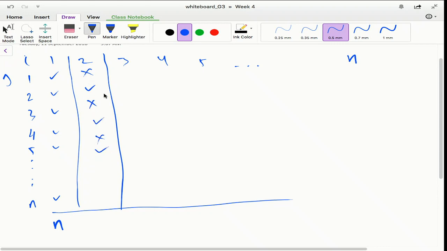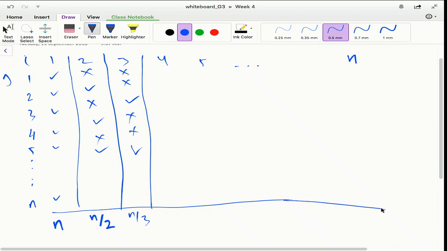Now every 2 we're going to do it once, which means that this is going to be n over 2. Now for i equals 3, 1 is not divisible, 2 is not, but 3 is. 4 is not, 5 is not, but 6 is. So every 3, we're going to do it once, which means that this is n over 3.